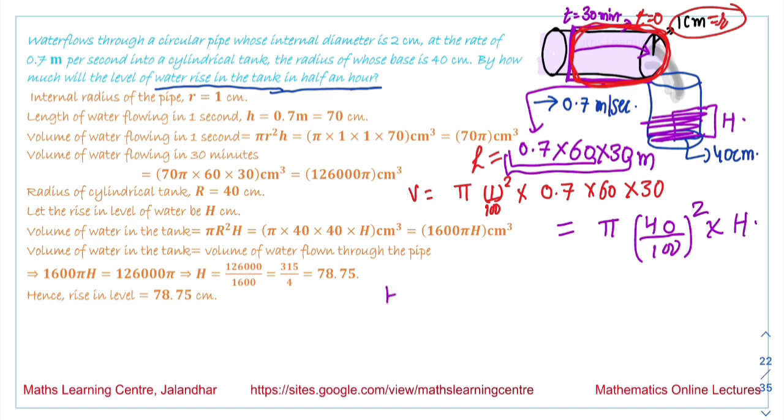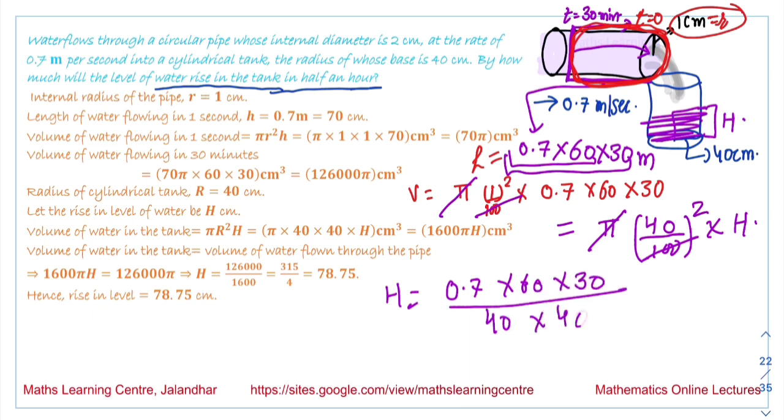So the value of H that we will get, this pi and pi get cancelled, this upon 100 and upon 100 get cancelled. So the value of H is equal to 0.7 into 60 into 30 over 40 into 40. These two zeros get cancelled, and the answer we are left with is, this is 2 over here.